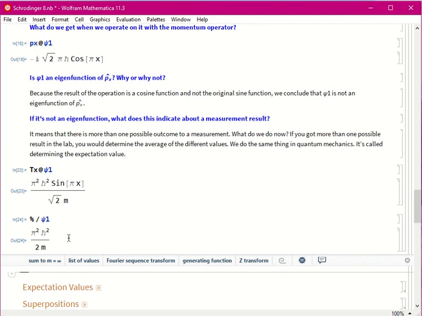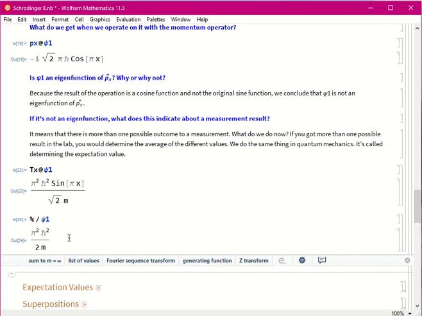But because the kinetic energy is related to the momentum squared, the total kinetic energy is the same. The sign doesn't matter. The direction doesn't matter. So here we have a situation where we might suspect we have a particle which has two possible outcomes for momentum, one going in the plus direction, one going in the minus direction. Both of those have the same kinetic energy. So there's more than one outcome for momentum, therefore it's not an eigenfunction of the momentum operator, but only one outcome for kinetic energy, and it is an eigenfunction of the kinetic energy operator.